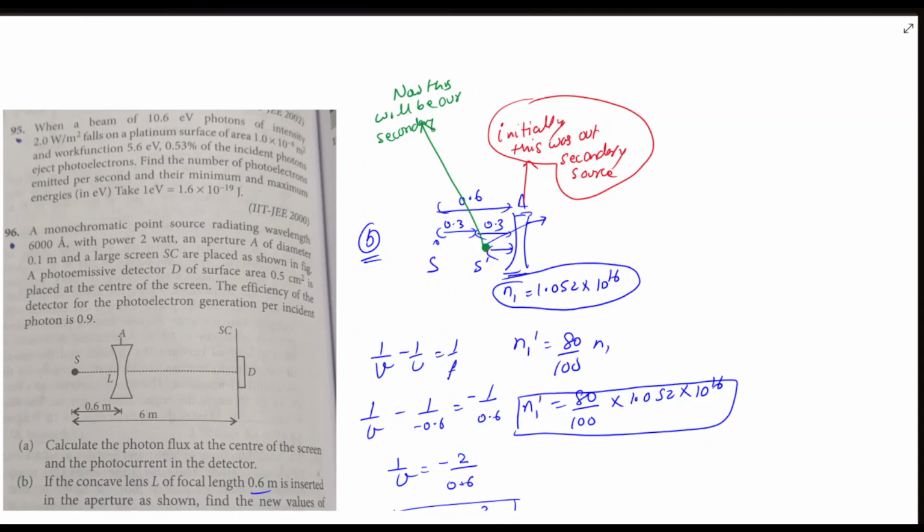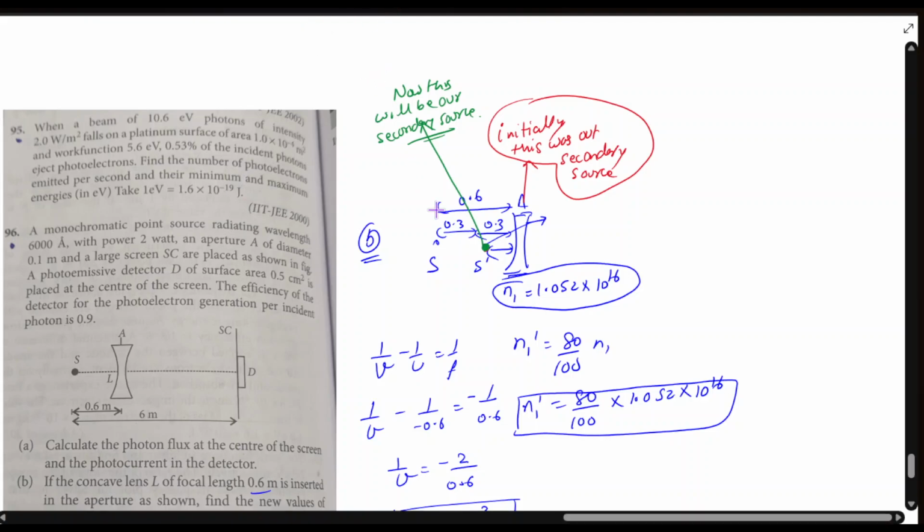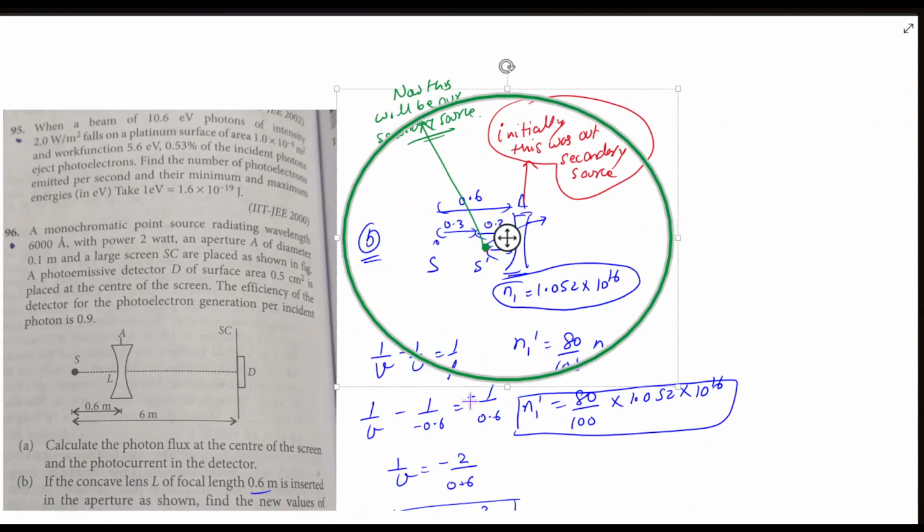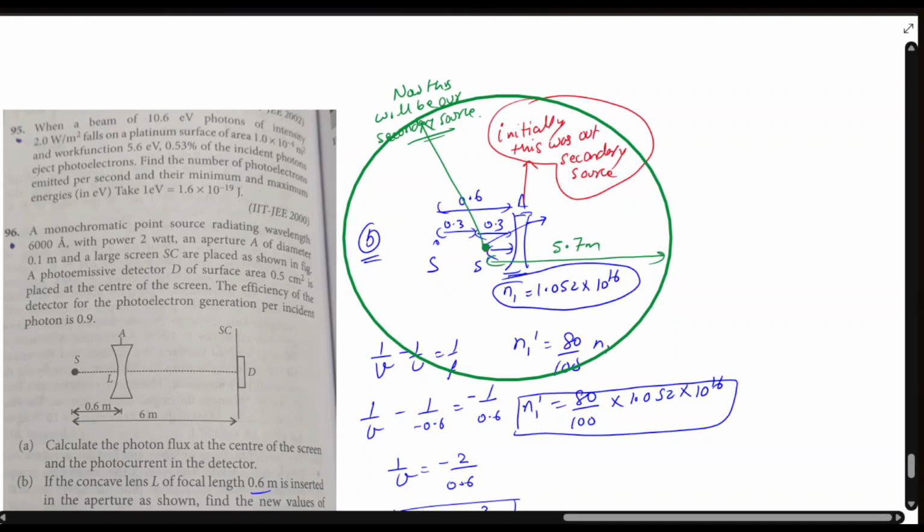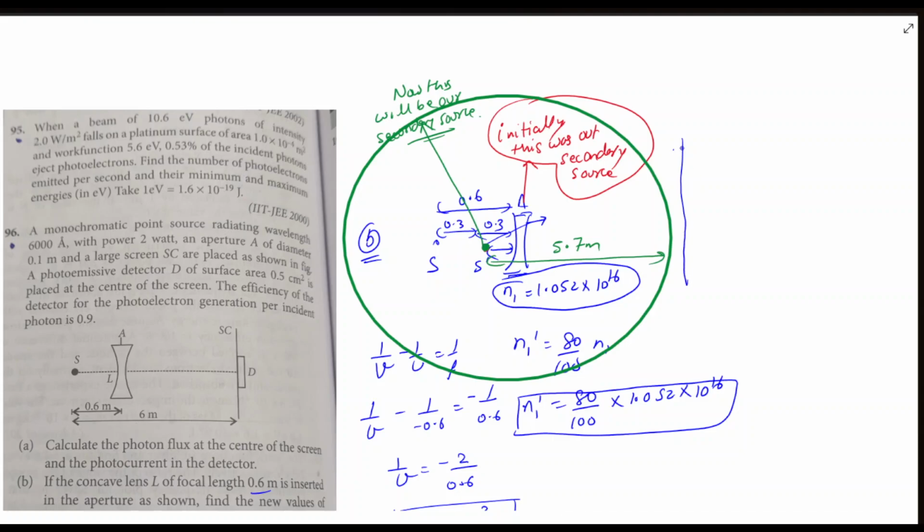And if this is our secondary source, the sphere we have to make should consider this as the center, and it should be like this. So this is our center, and this distance is 0.3 and this was 5.4. So the whole distance will be 5.7 meter. And this will be our screen, and this was our detector.